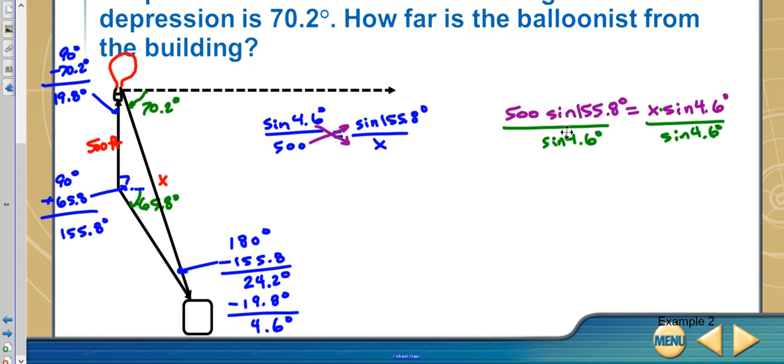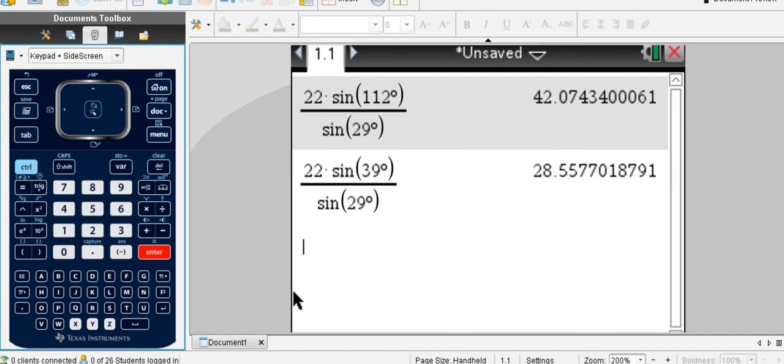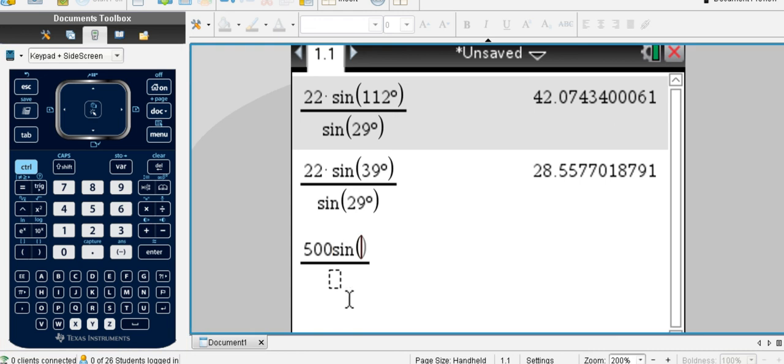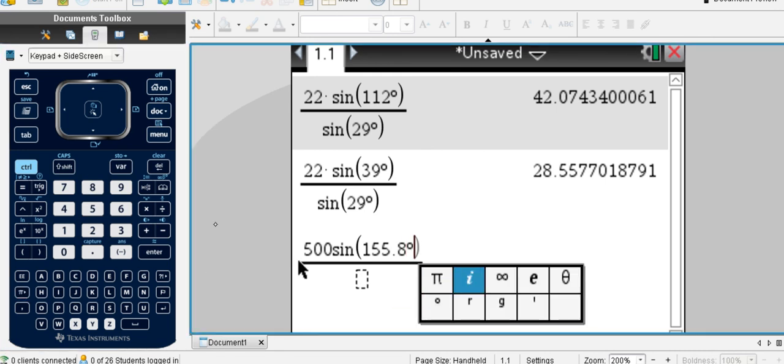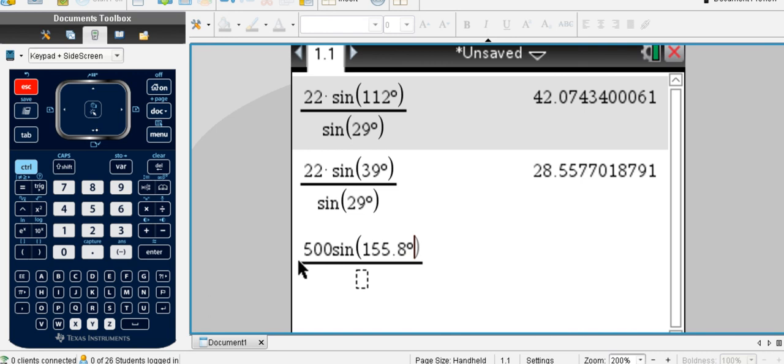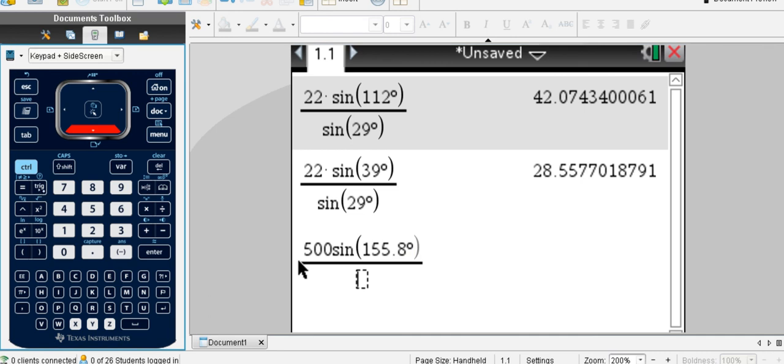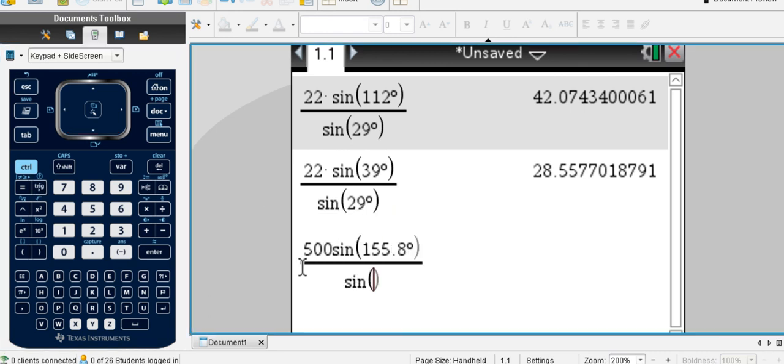So I'm going to go to my calculator, and I will type that in. I'm working with a fraction, 500 times sine of 155.8 degrees divided by the sine of, I believe it was 4.6.